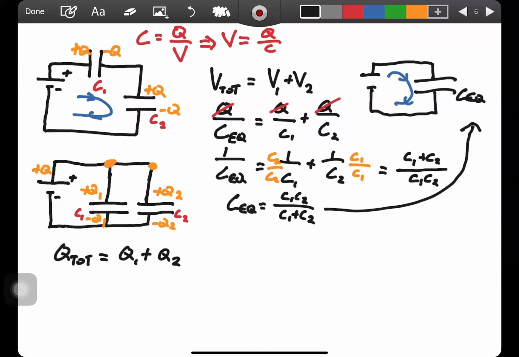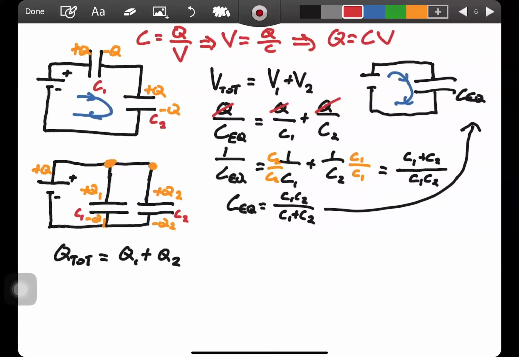So capacitance, if you see at the very top in red, it's Q divided by V, but I could also yet again rewrite this equation where I can say that the charge is equal to C times V. So that's the capacitance in question and the voltage across that capacitance. Well, the voltage across both the capacitors in parallel is the same.